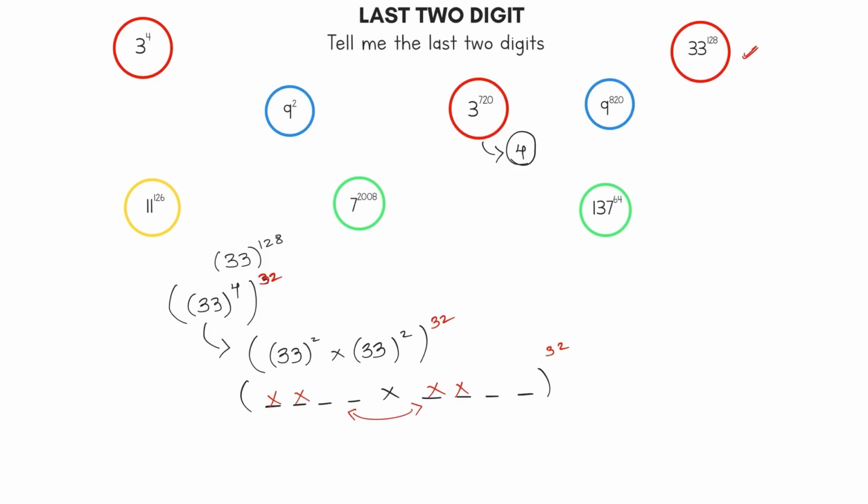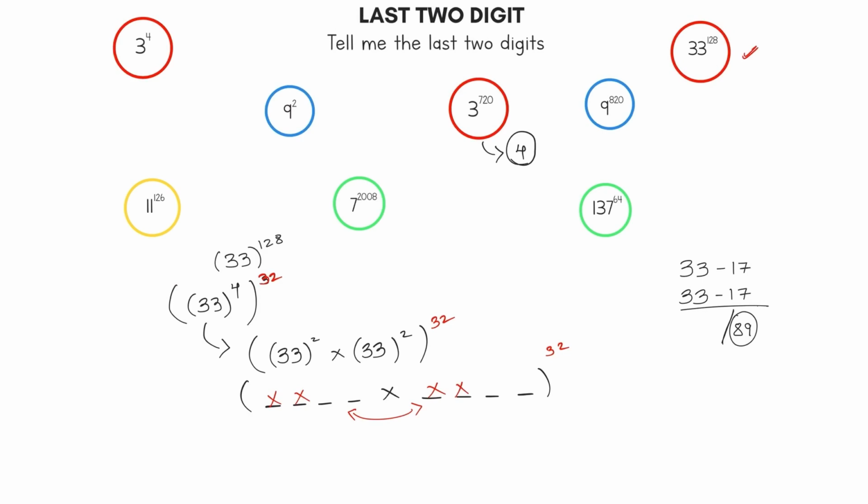So let's just find that out now, and that is quite simple. Just the base method that we applied in the last problem. 33 into 33. I'll take my base as 50, so I'll do minus 17 minus 17. 17 square is 289. 2 will go as a carry, and the last two digits here will be 89.